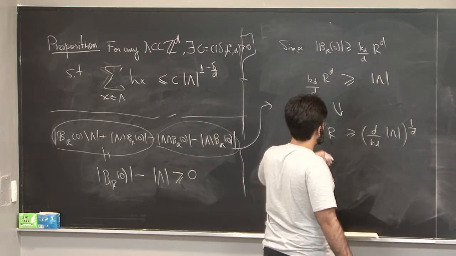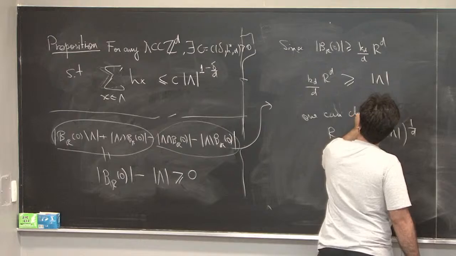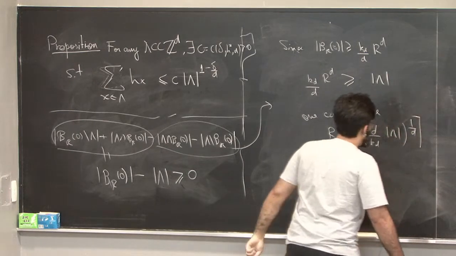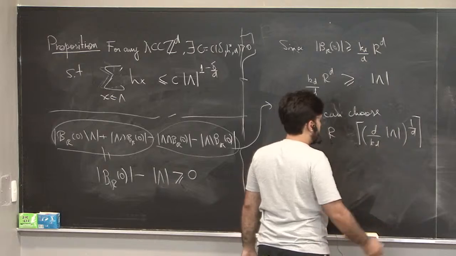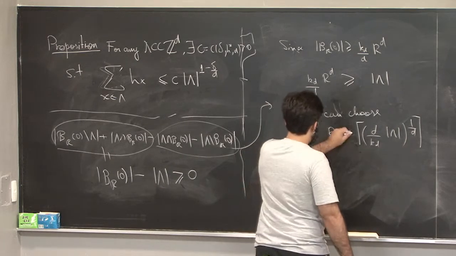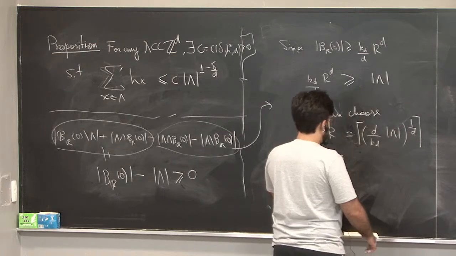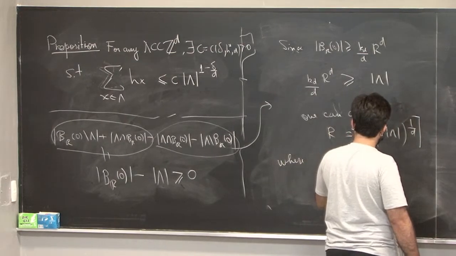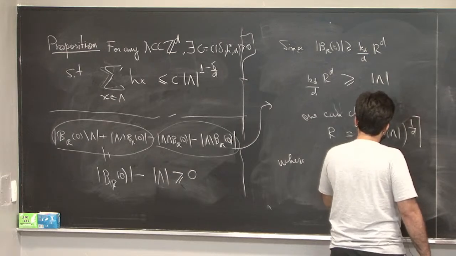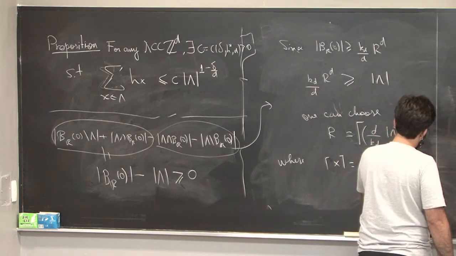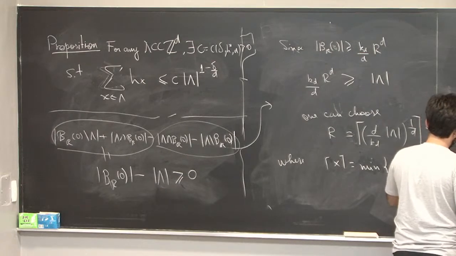So for instance, one can choose the ceiling, where this is the ceiling function, and this means that it's the number k such that it's the minimum k, an integer, such that x is smaller than k.